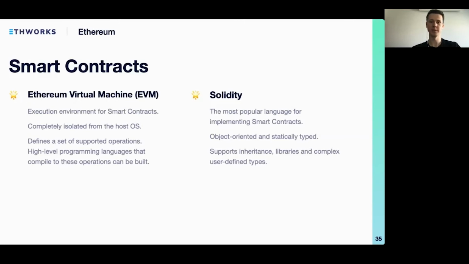Imagine that as a part of your transaction, you want to query some central server using HTTP. Well, different nodes of the Ethereum network, while executing this transaction, could get a different result from this server and introduce non-determinism. We cannot allow that, so that's why the EVM doesn't even support such operations.